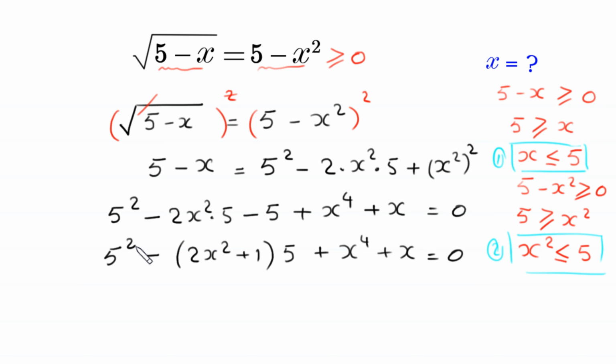Now this 5 squared is same as 1 times 5 squared. Now this equation is a quadratic equation in terms of 5. In this equation, this 1 is as a, this negative 2x squared plus 1 is as b, this plus x to the power 4 plus x is as c.